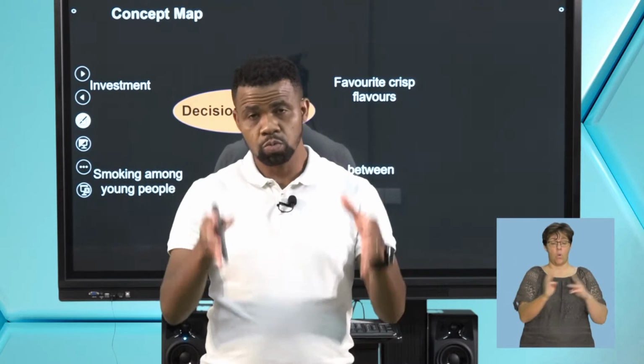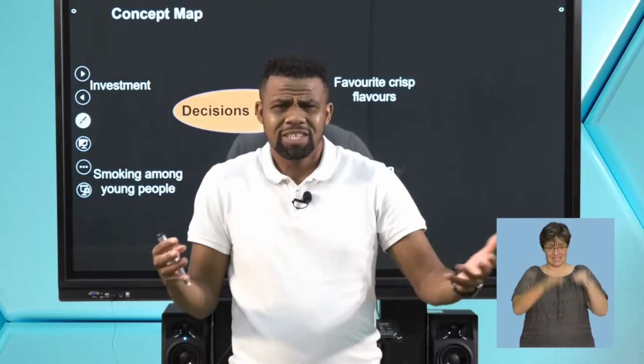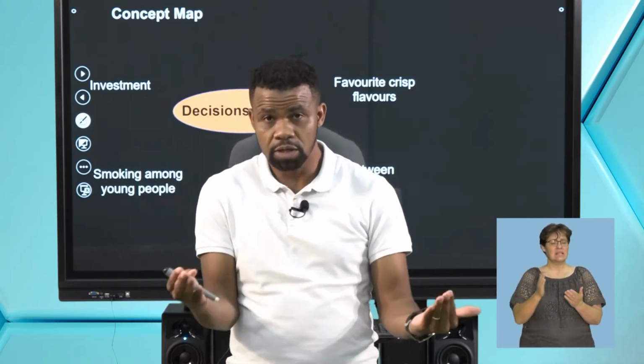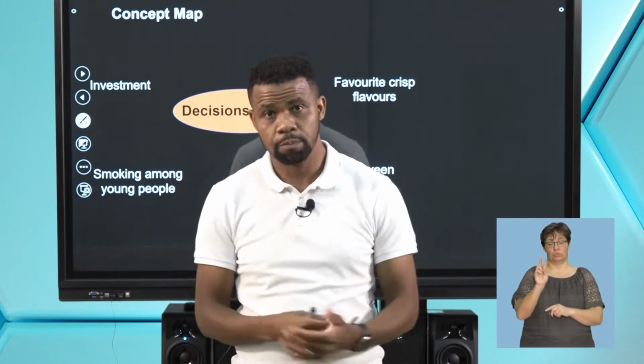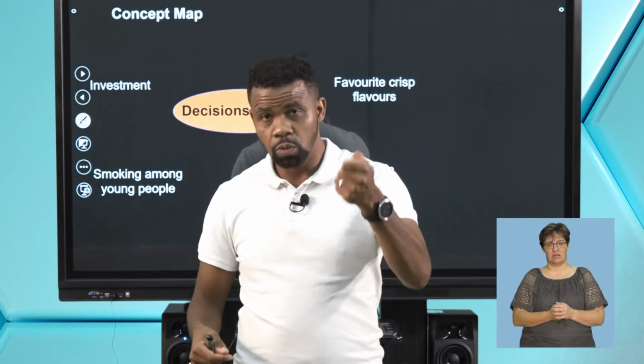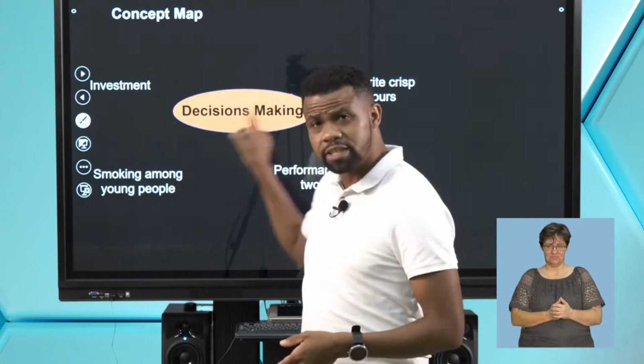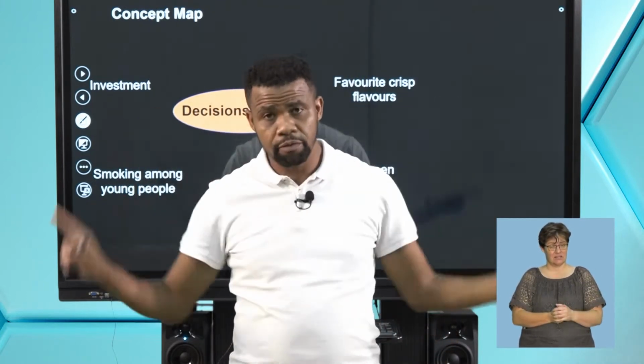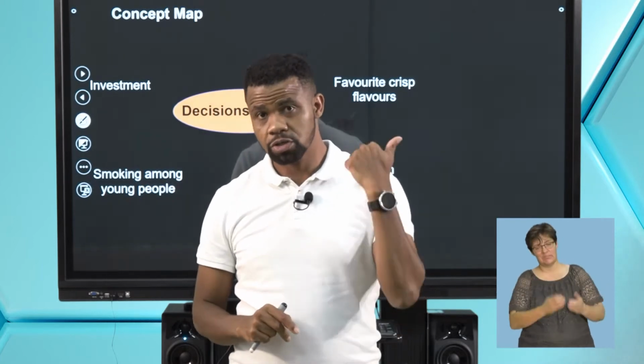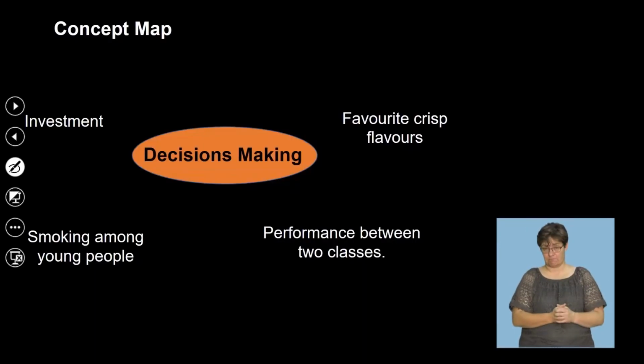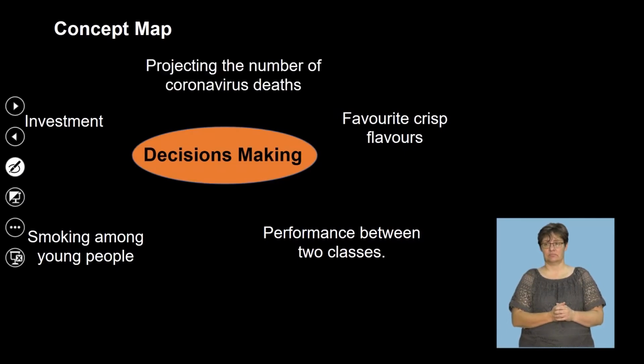There's lots of study that World War II was won by decision science, by optimizing resources. Some countries optimized resources during World War II to win the war. So decision science is a big field which you can study, also known as operations research. We'll also look at the projection of the number of coronavirus deaths in South Africa.